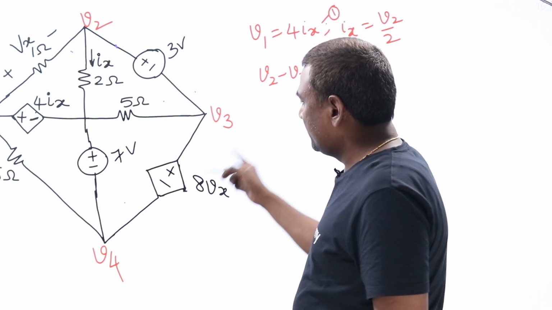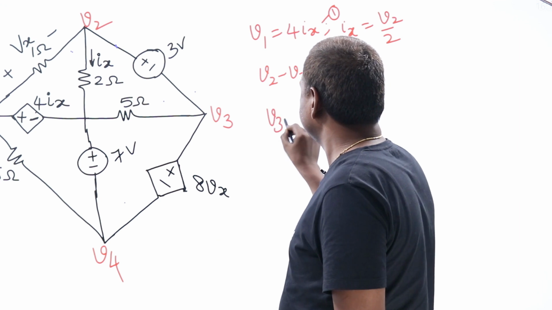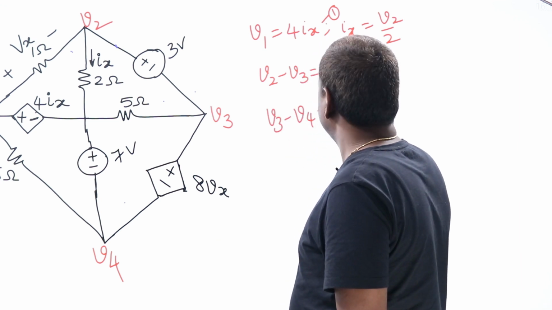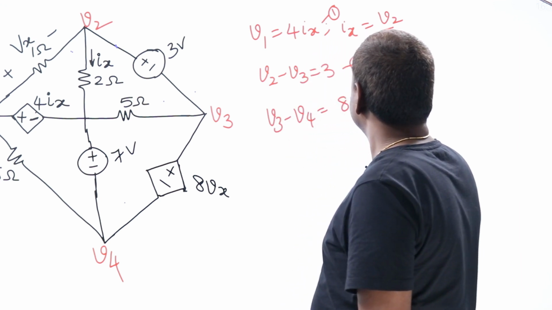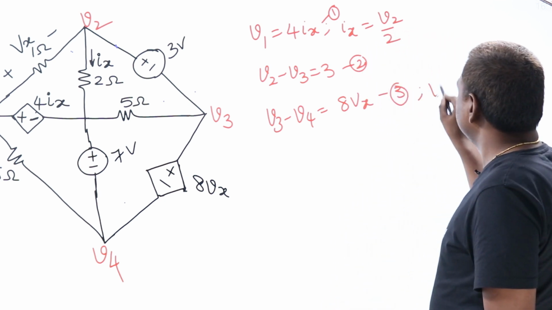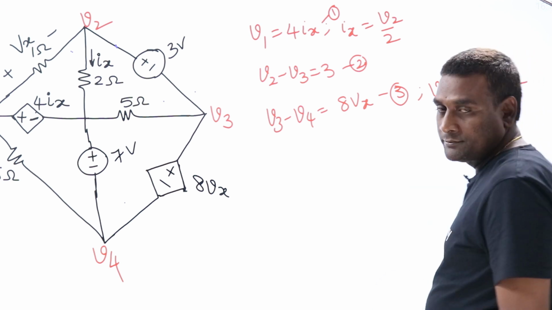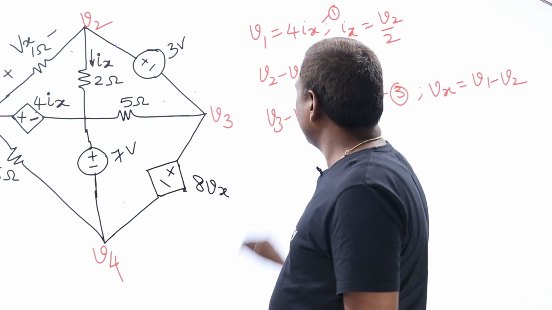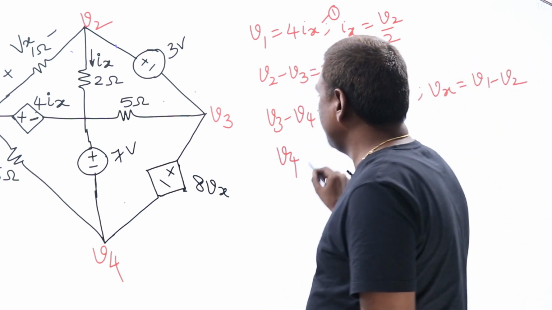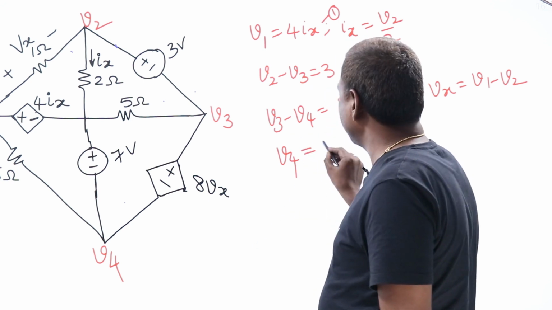Second relation. V3 minus V4 equals 8Vx. Third relation. And what is Vx? It is going to be V1 minus V2. Now, what is the fourth equation? V4 is going to be minus 7.